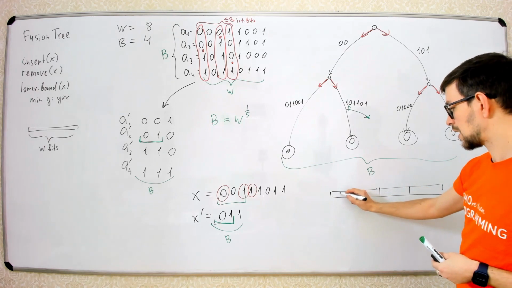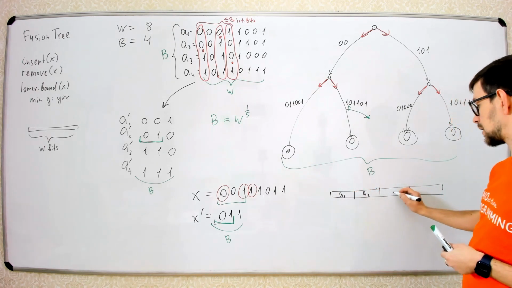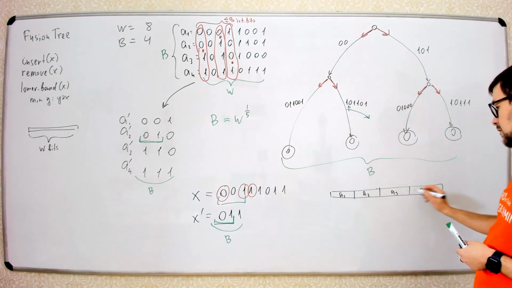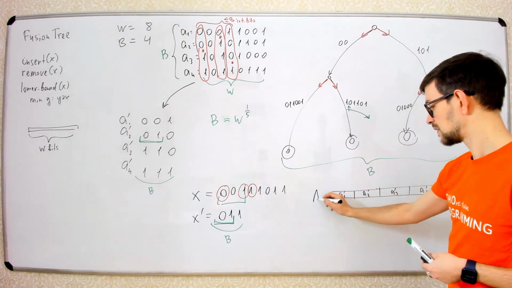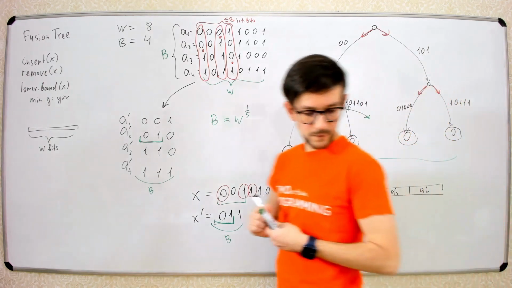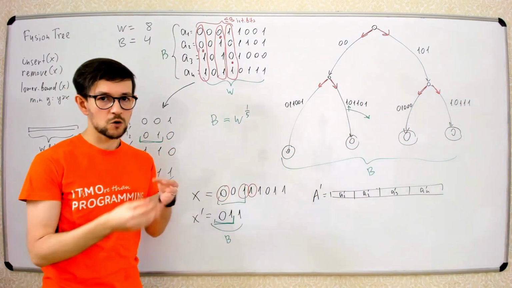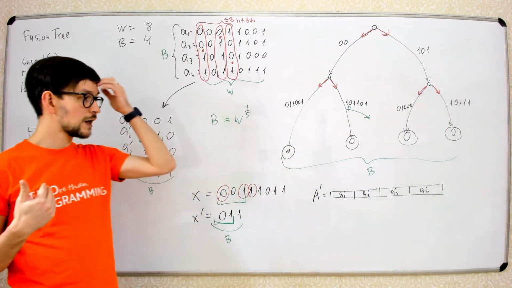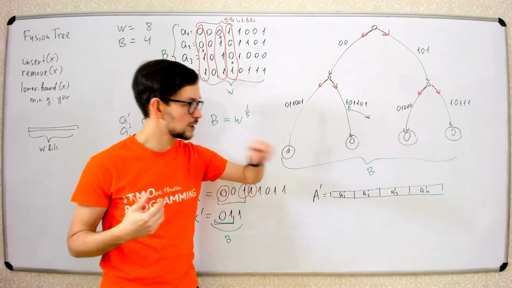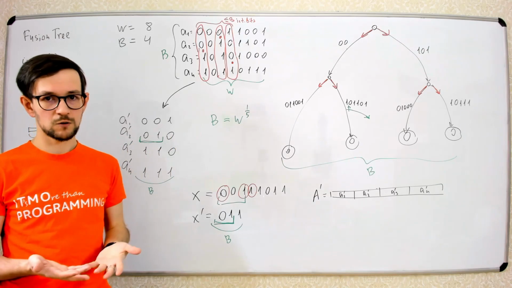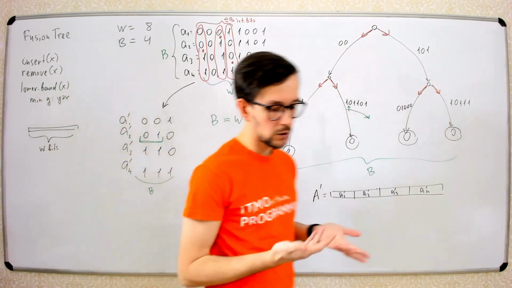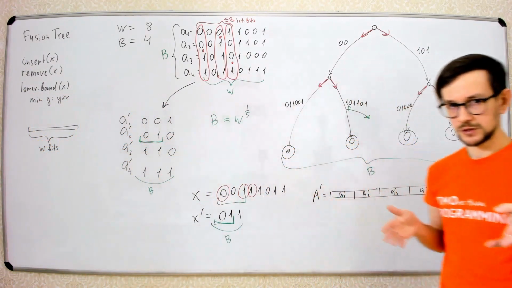We'll put A1 here, A2 here, A3 here, A4 here, prime, prime, prime, prime. So we'll make a single word containing all the sketches. And then in this big integer, we need to calculate something like a lower bound again. We can calculate the lower bound using the same technique we discussed in the previous lecture.